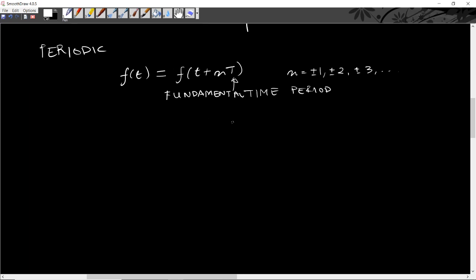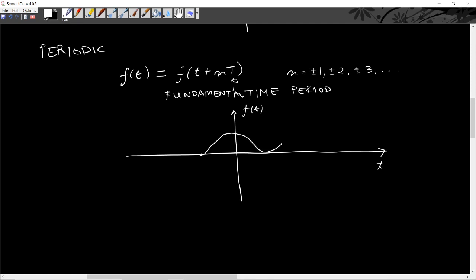Periodic functions will repeat themselves after time period T. So for example, let's say that this function is periodic, and here this is the time period T. After this time interval, this function repeats itself.